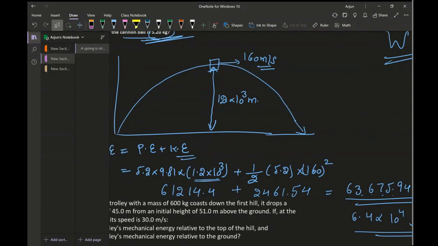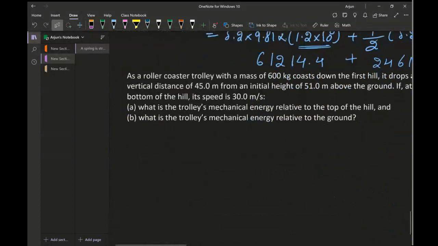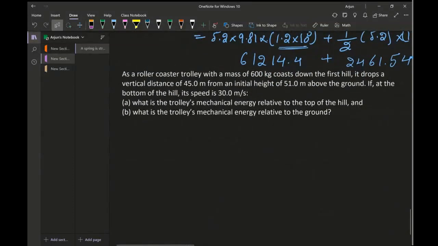So let's look into one more problem, and this is a little more interesting compared to the previous two. A roller coaster trolley with a mass of 600 kg goes down from the first hill, and it drops a vertical distance of 45 meters. So it's moving like this.